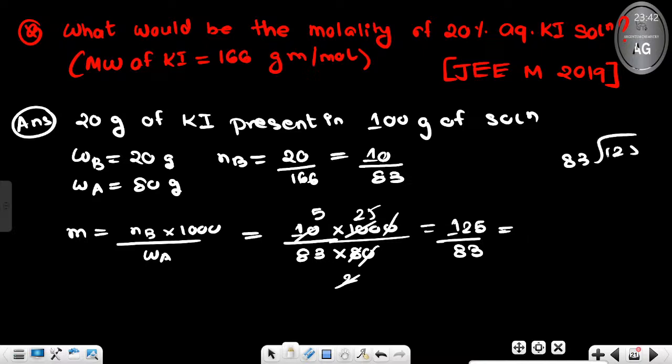83 and 125. 83 ones are 83, 42 remains. Okay, it will be coming around 1.5.